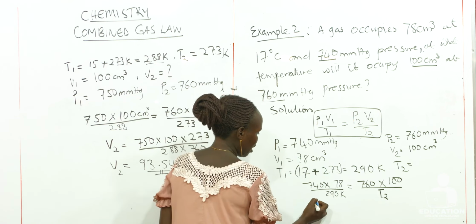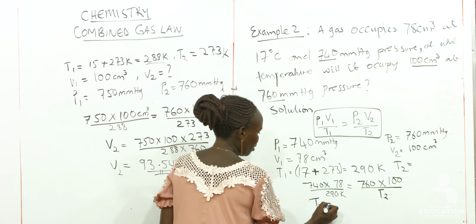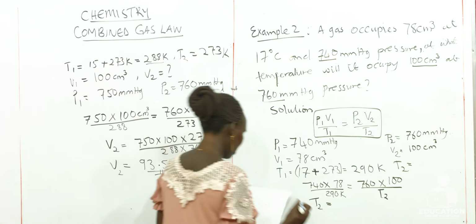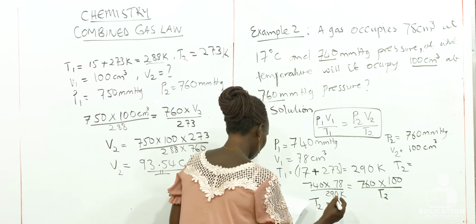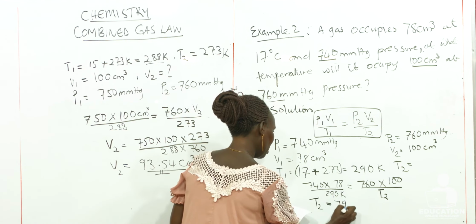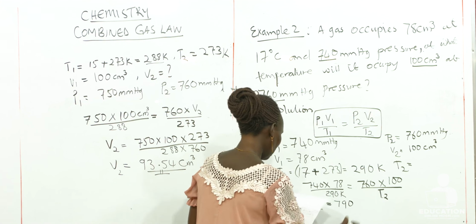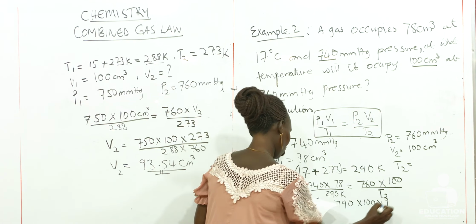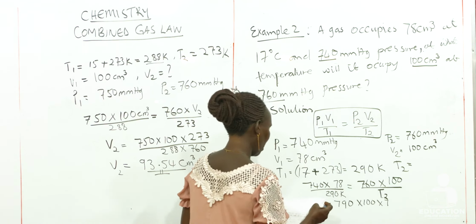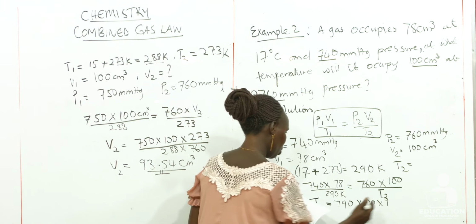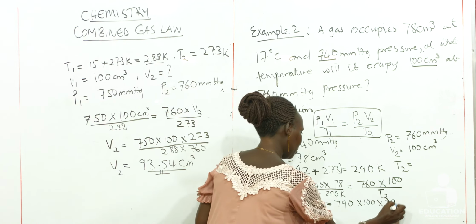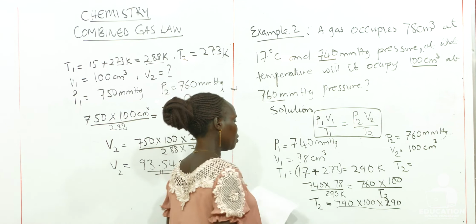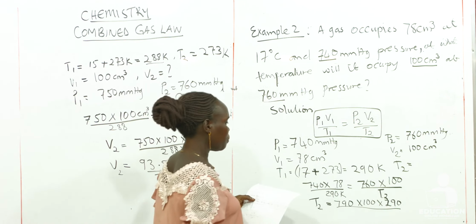So here temperature 2 will be equal to 290 multiplied by 100, multiplied by 760. So we shall have temperature 1, and then volume 2 and pressure 2.